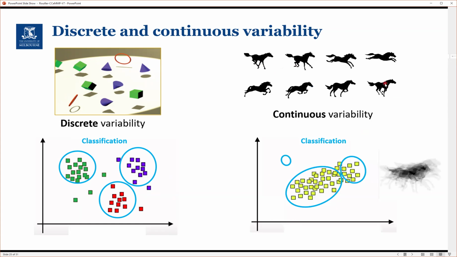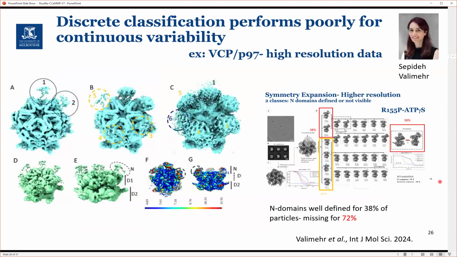However, if you have continuous variability, where a domain moves and there's not really a defined set of conformations, then discrete classification performs very poorly, and no matter how hard you try to group the particles into defined sets, you always end up with blurry reconstructions. Maybe a stable core, but then really weak density or even missing density for the rest of the protein.